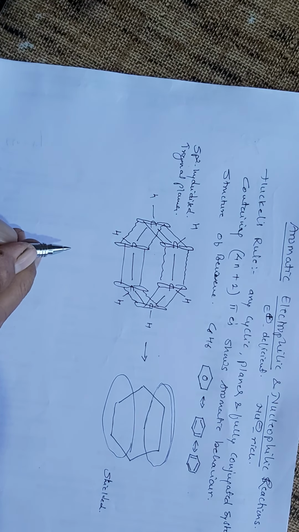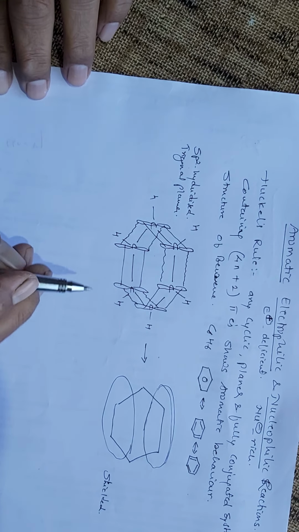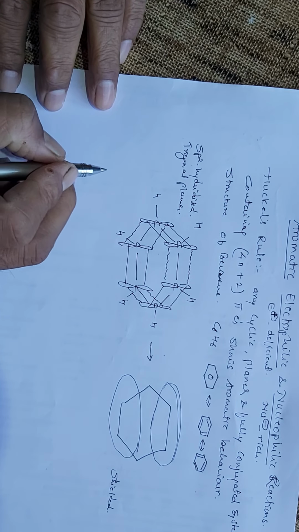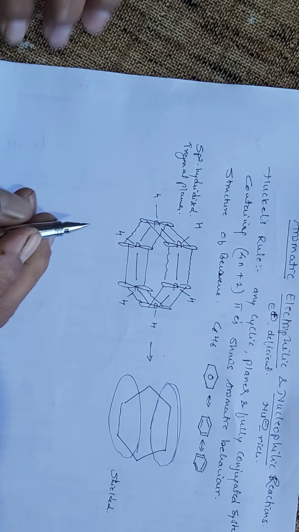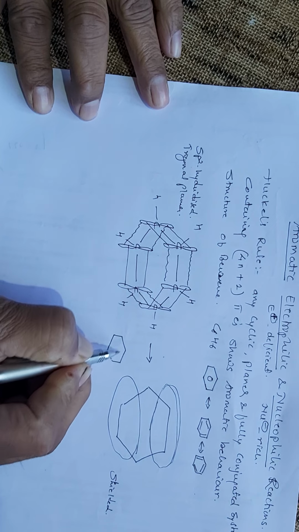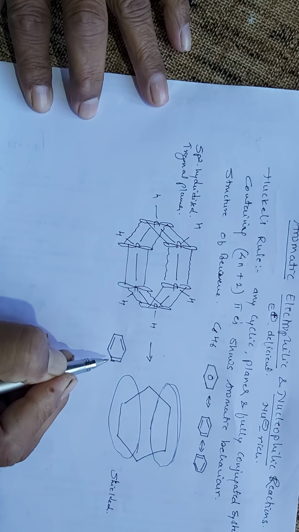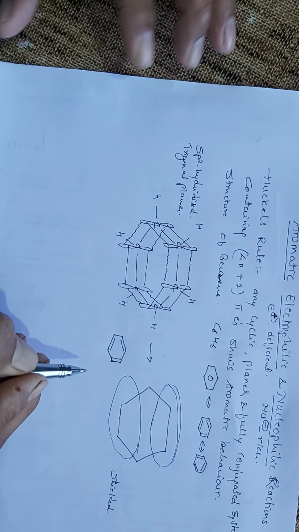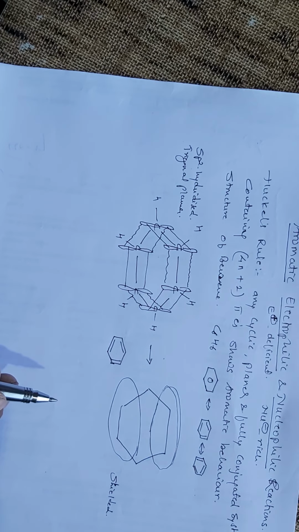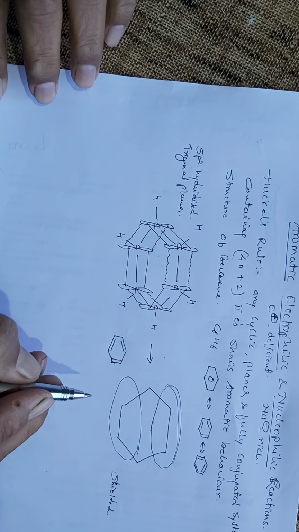As we have studied all the properties in detail, now we say that benzene gives substitution reactions rather than addition reactions. Benzene has a structure with three double bonds, and compounds containing double bonds, that is unsaturated compounds, give addition reactions. So benzene is supposed to give addition reactions, but benzene gives substitution reactions rather than addition reactions.